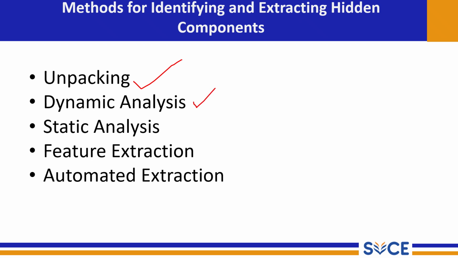The second one is dynamic analysis. It involves observing the malware's behavior during execution, and it can reveal hidden code that is only executed during runtime. Tools like Cuckoo Sandbox can help capture this behavior. The third one is static analysis.